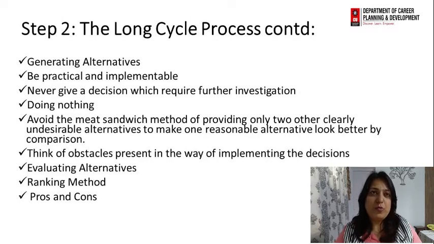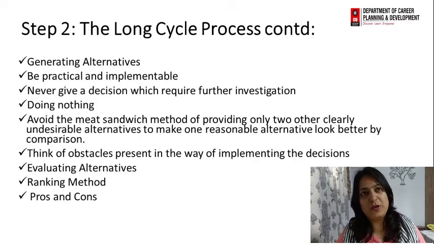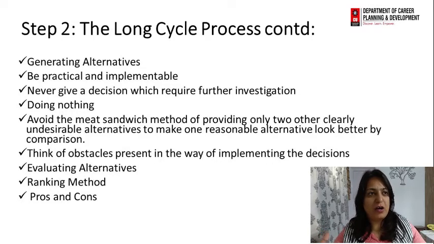You should avoid the meat sandwich method of providing the solution also. So what does the meat sandwich method mean? You provide three ideas, two of which are not so well articulated and one stands out which is perfect. So the obvious choice for the person who is reading the solution is the one that is very elaborate and very well articulated.